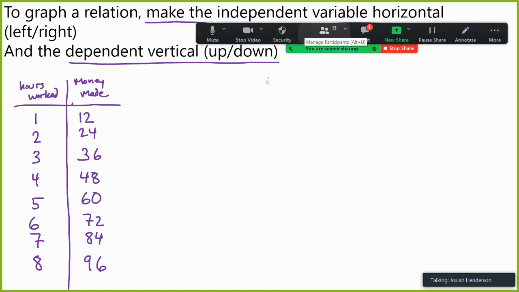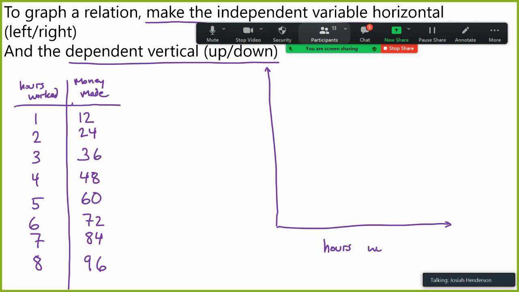Now I'm going to draw a kind of box. I want to make my independent horizontal. So that's the straight across left right line. So that's my hours worked down here. And then the vertical up down line is going to be our dependent variable, which is the money made.